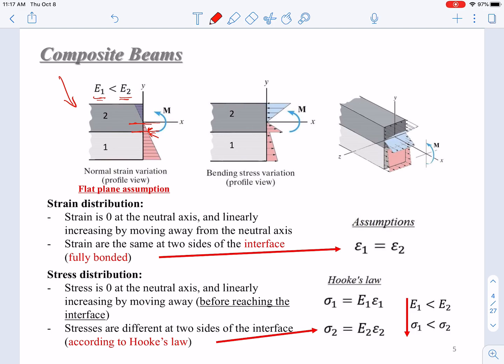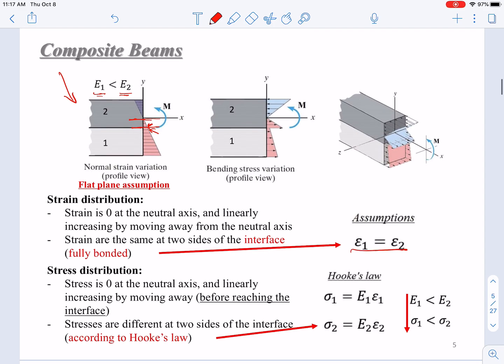But how about stress? If the strain is the same, then their stress will not be the same, since they have different moduli of elasticity. According to Hooke's law, the stress equals strain times the modulus of elasticity. Since E1 is smaller than E2, stress 1 will be smaller than stress 2.